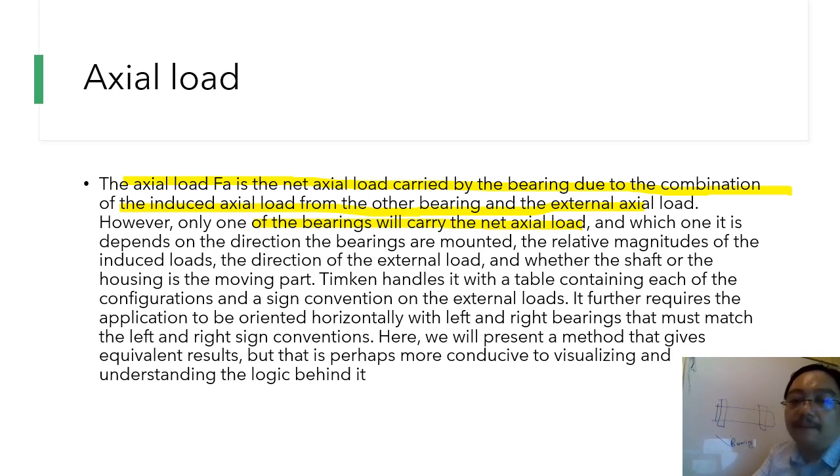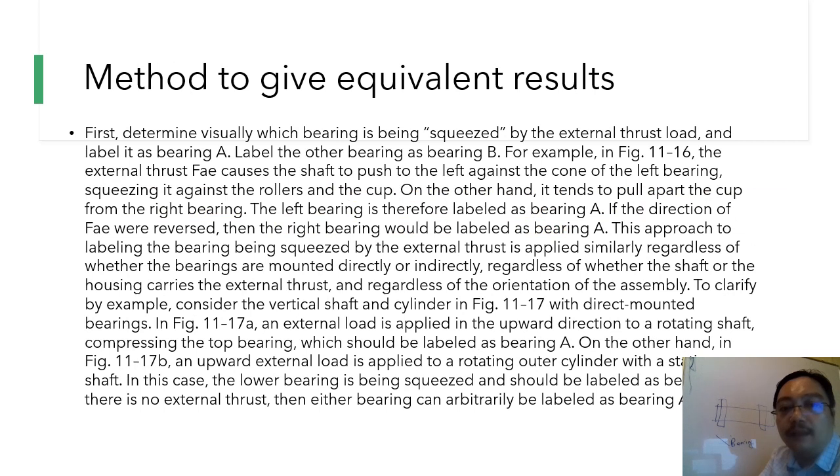You can read them. Method to give equivalent result. Firstly, determine which mounted bearing is loaded by the external thrust load and label it bearing A. When you mount the bearing, see with your eye which bearing is being squeezed by the external thrust load.